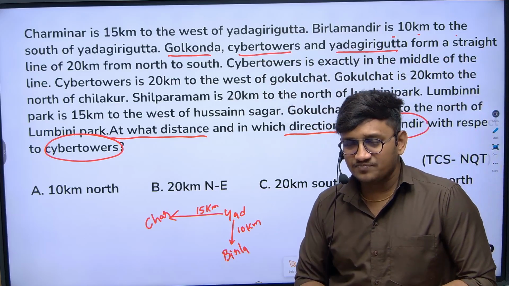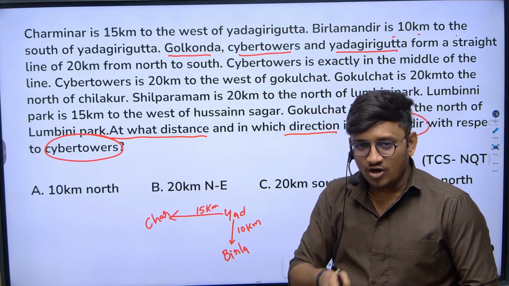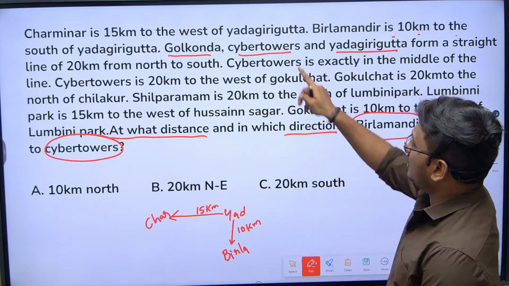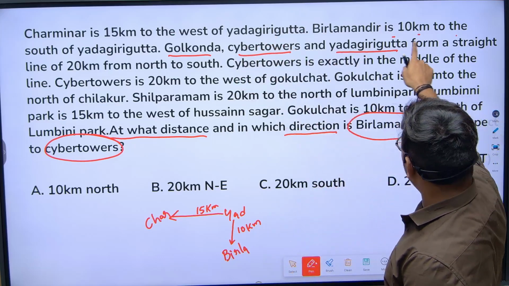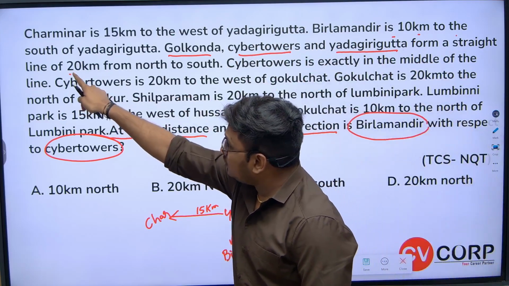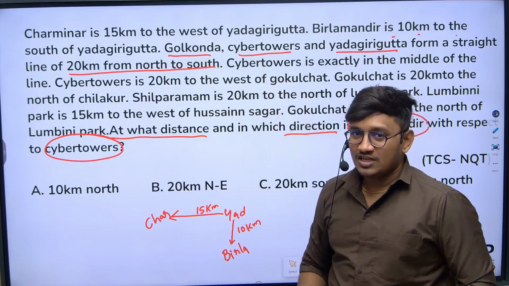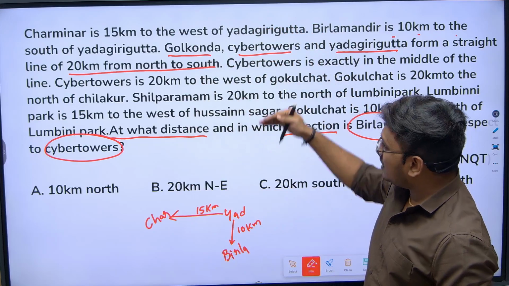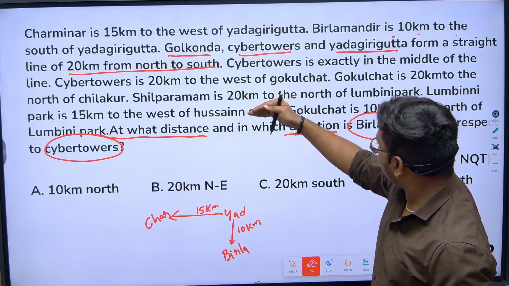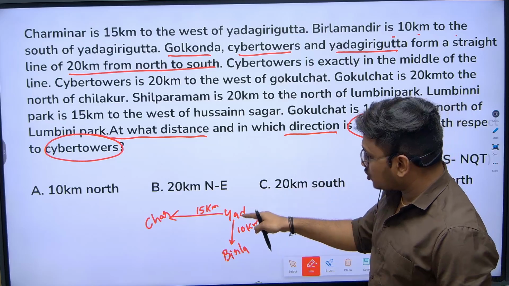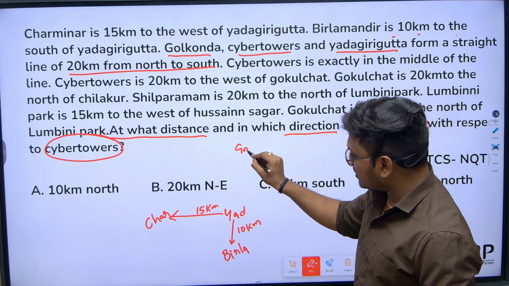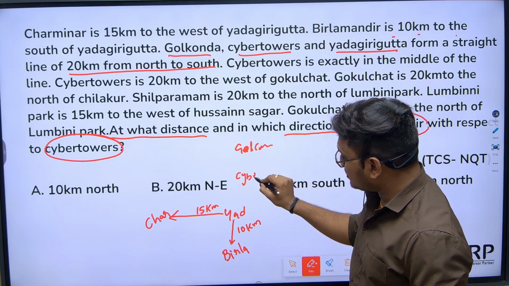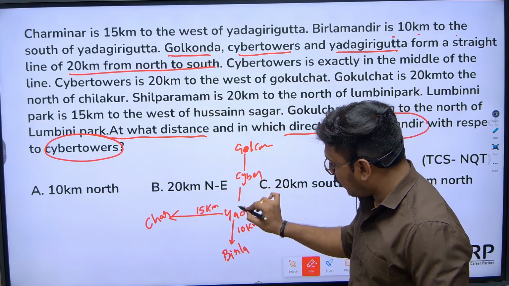Straight line means either it can be a horizontal line or a vertical line. They didn't mention anything, but if you observe, Golconda, Cyber Towers and Yadagiri Gutta form a straight line of 20 kilometers from north to south. From north to south means Golconda, Cyber Towers, Yadagiri Gutta form a straight line.